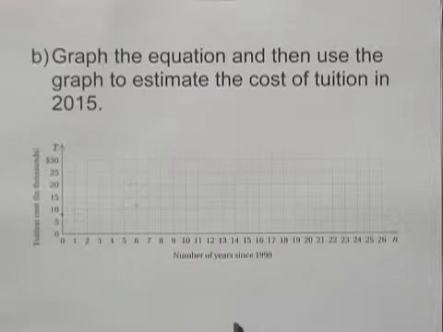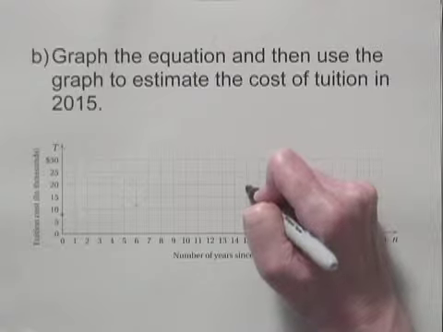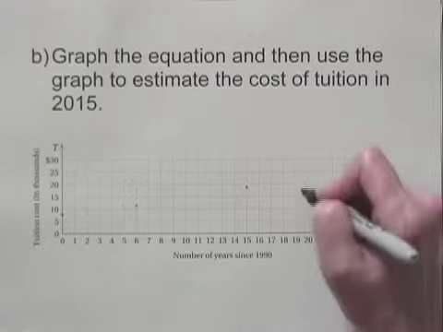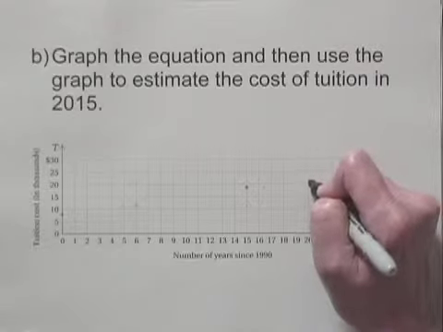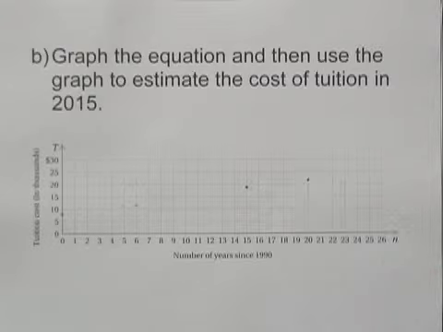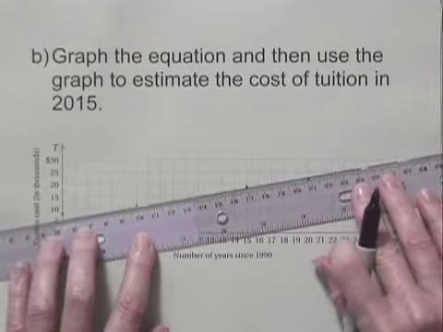We found the point 15, 18.3. And we also found the point 20, 21.8. Now, if I've put these points where they belong, I should be able to connect them with a straight line.